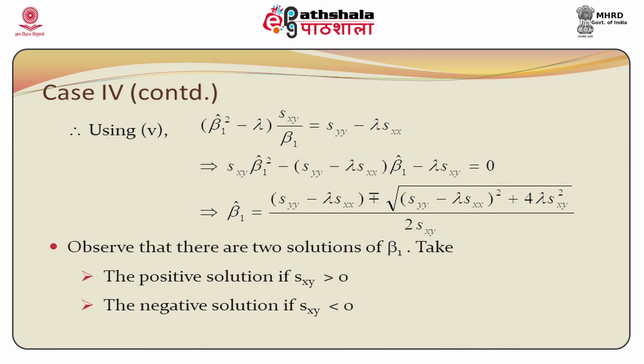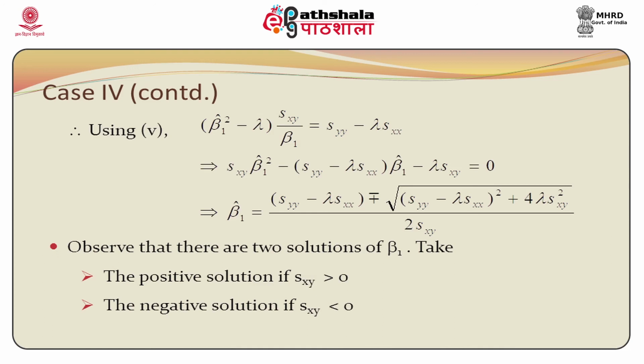So, which of the two solutions of beta 1 hat should you be taking, the negative one or the positive one? In this case, it is easy to understand: remember what is beta 1? Beta 1 is the slope of the regression of y on x. If y is increasing with x, then the slope is going to be positive, and if y is decreasing as x increases, then this slope is going to be negative.